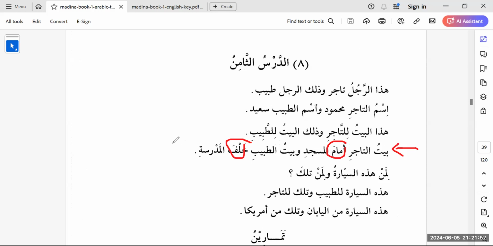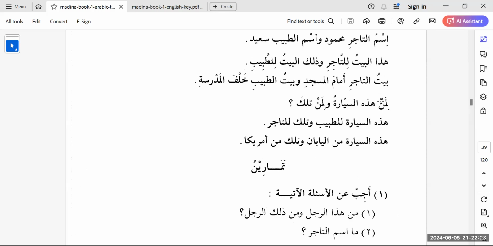The businessman's house is in front of the masjid, and the doctor's house is behind the school. Yes, exactly. So the businessman's house, or the house of the businessman, is in front of the masjid, and the house of the doctor is behind the school. Perfect.